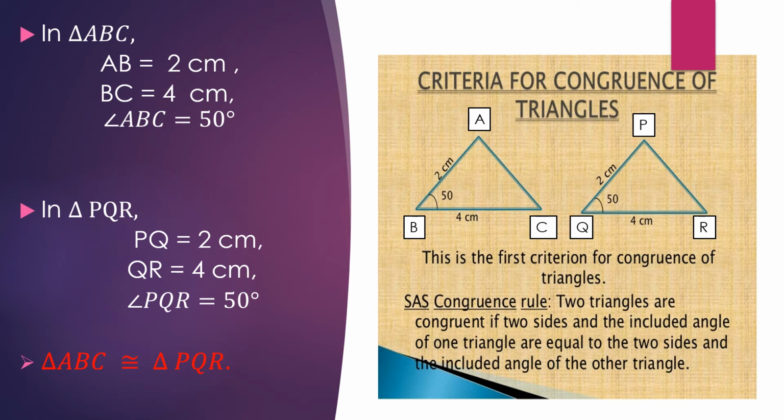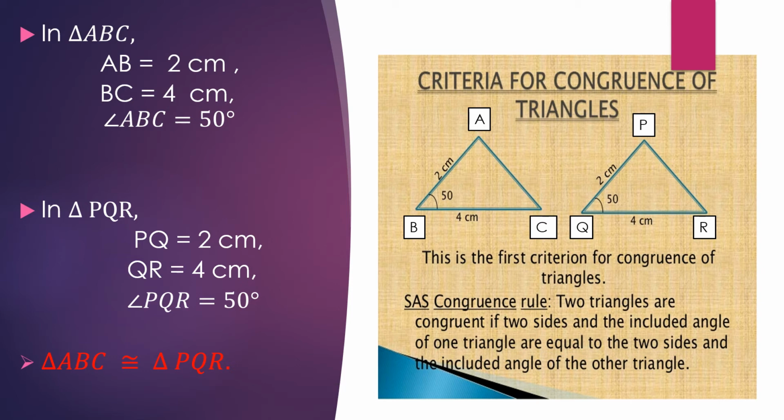So this is about the SAS congruence rule. We always remember that two sides and the included angle, here included in both the diagrams, or we can say in a triangle, then the two triangles are congruent, and this is what we call SAS, that is side angle side congruence.